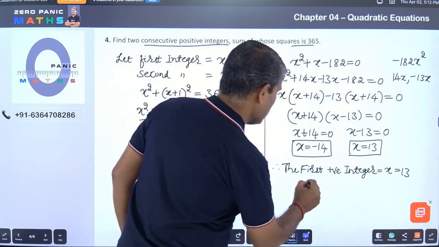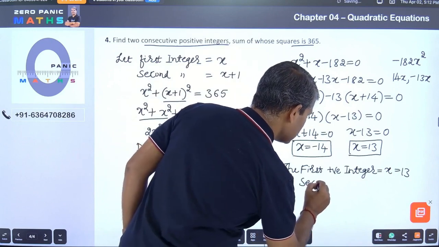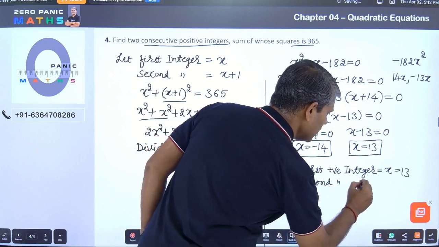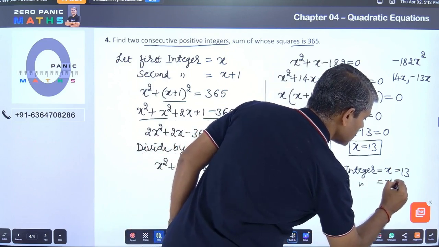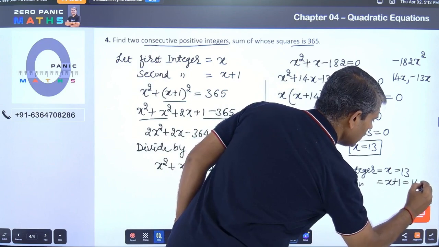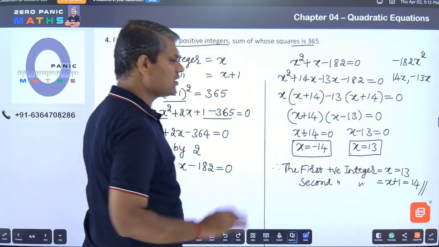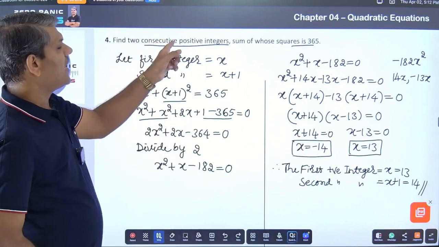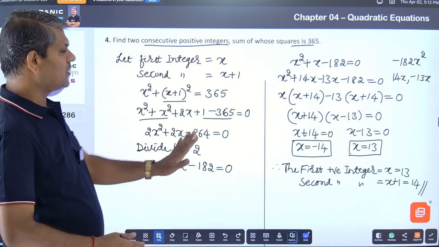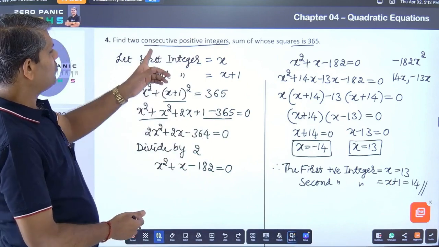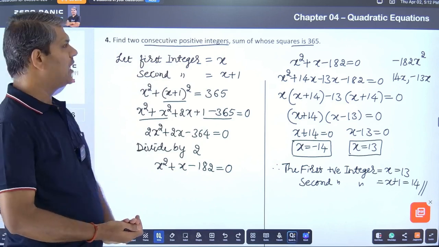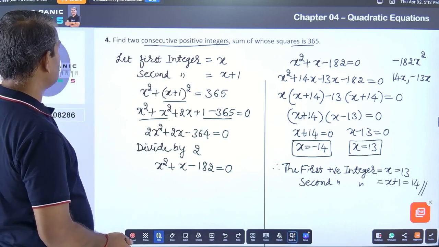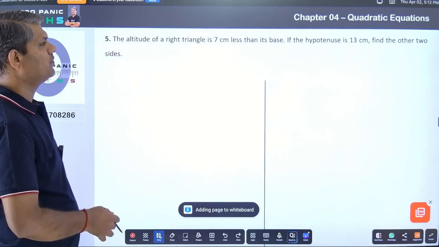I can say second positive integer is x plus 1 and that is equal to 14. This is the solution, but we should not be considering minus 14 because they have given x as a positive integer. So this is the solution for the given problem. Okay, understood? Let us quickly move to the next problem.